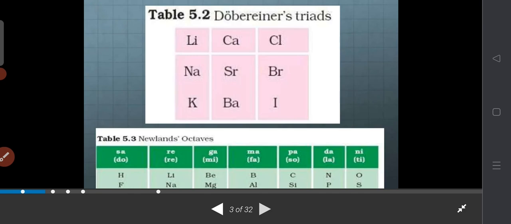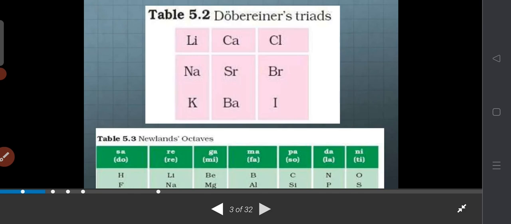According to this concept, if we put the elements in increasing order of atomic mass, they will follow this order, but it will not be applicable for all the elements. For that reason, Newlands' octaves followed.